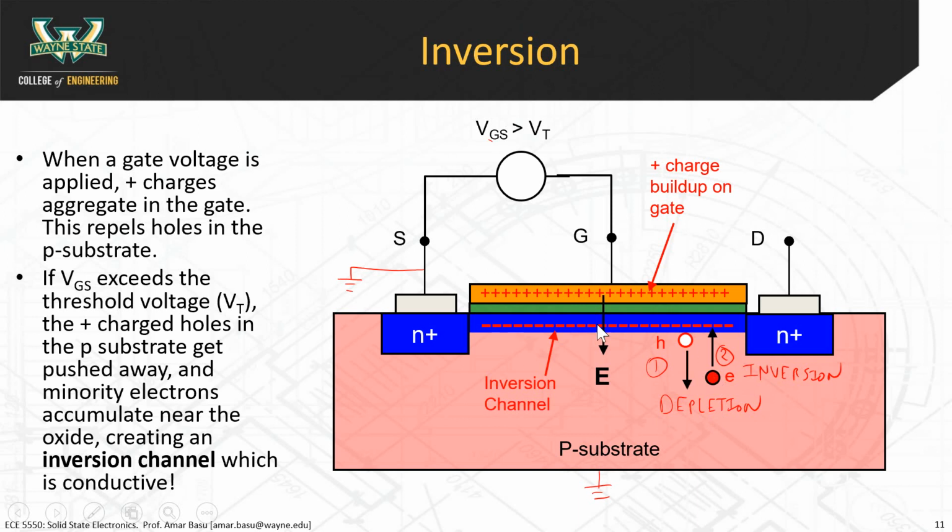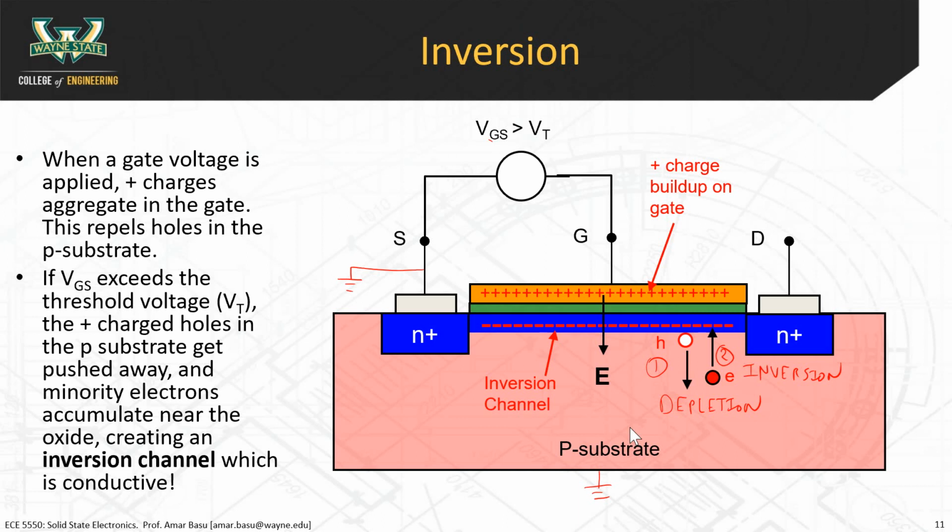So when you have a whole bunch of electrons that are pulled in near the gate like this, just underneath the green region, you have a whole bunch of electrons that are collected there. And if you have a semiconductor that has a lot of electrons and very few holes, that is an N-type semiconductor. Right? That's a critical, very important point.